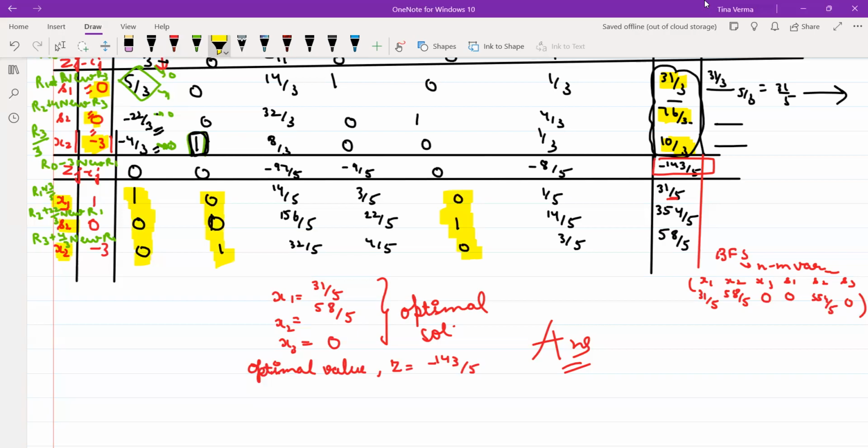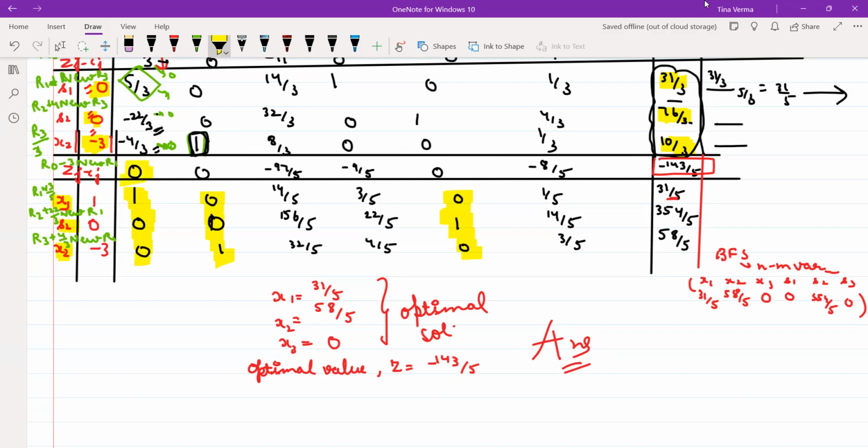So corresponding to your basic variables in the simplex iteration table, there will always be an identity matrix. Is it clear? Yes or no? Next thing you can notice, corresponding to whatever your basic variables are, your zj minus cj will always be 0.